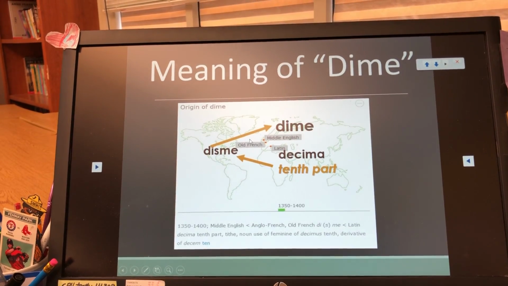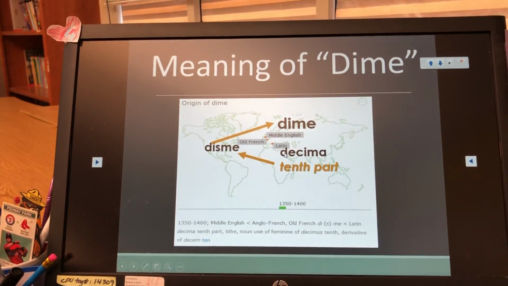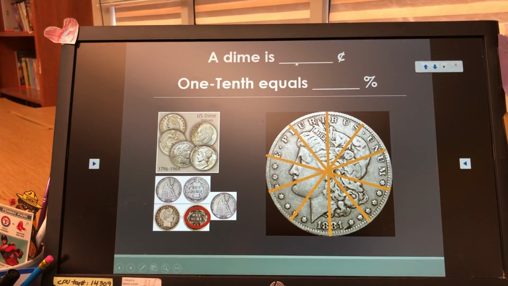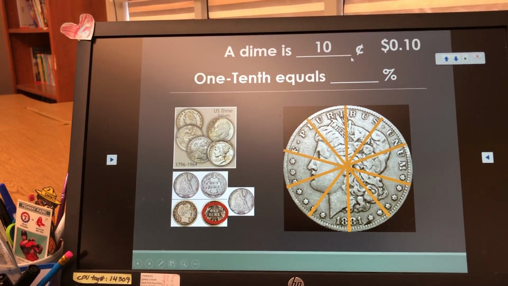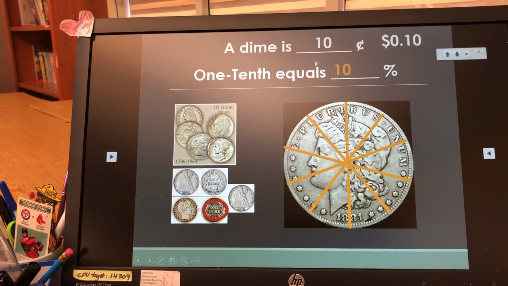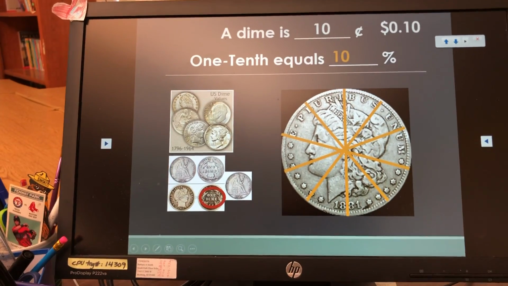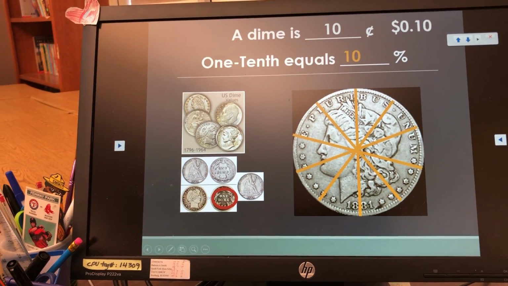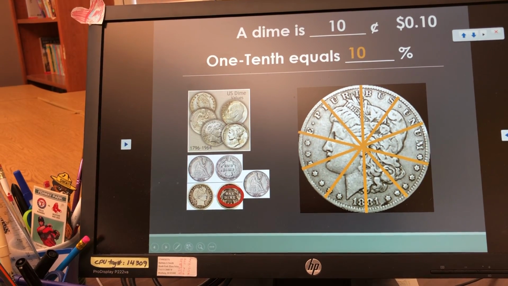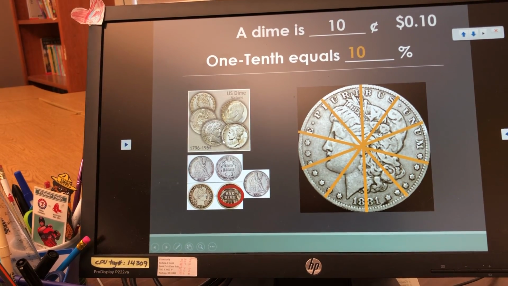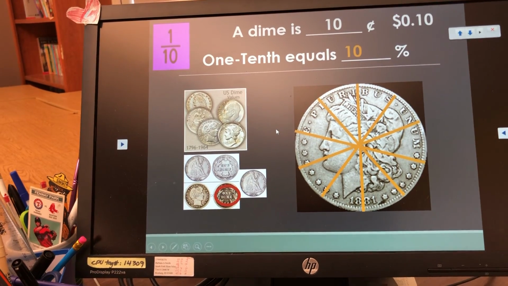Decima, dime, means a 10th. And 1 dime is, now it just so happens that the 10 cents is also a 10th of the dollar. And notice we have resting liberty right here on this dime. 1 dime. We have some dimes here.